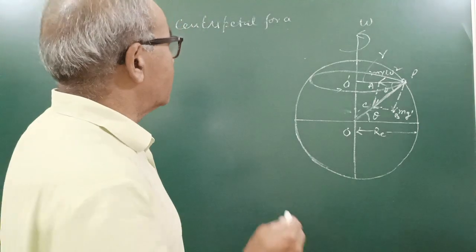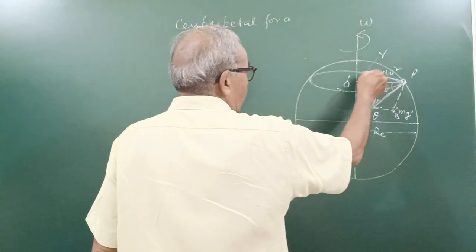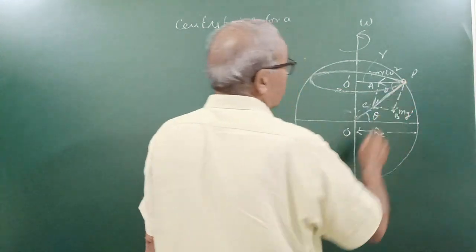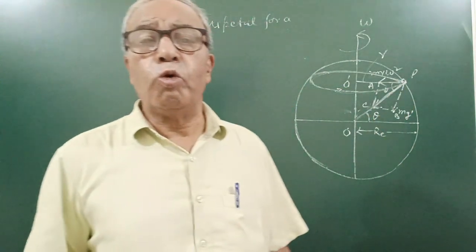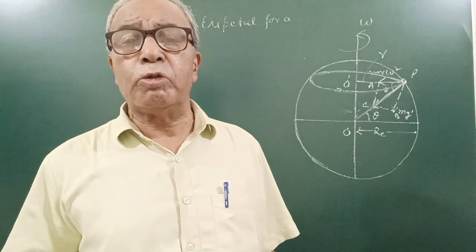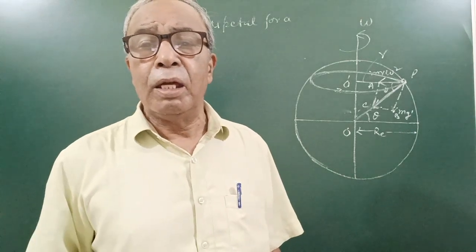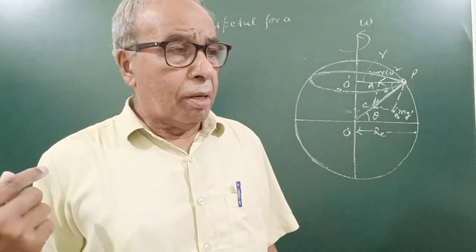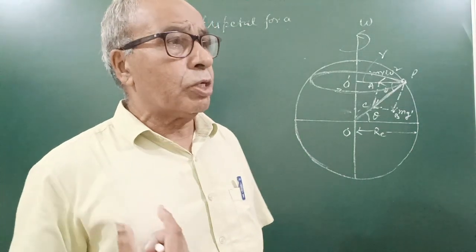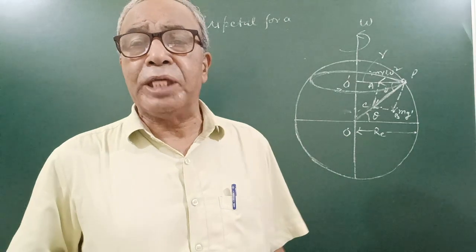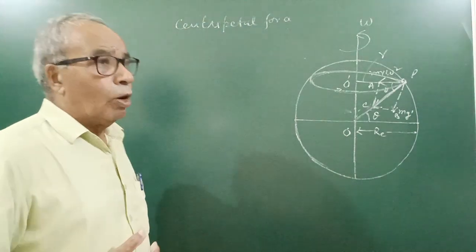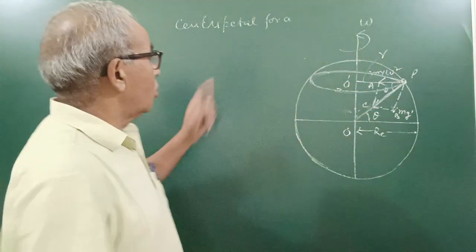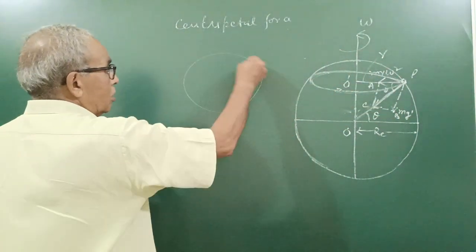Why does a body need centripetal force when it moves on a circular path? Because to move on a circular path, the direction of velocity keeps changing continuously. According to Newton's first law, the state of motion and state of rest cannot be changed without any force. Force is always required. When a body moves on a circular path, direction is changing continuously.